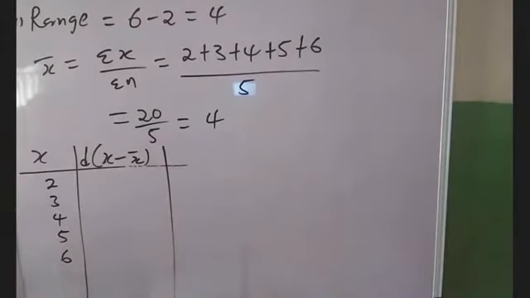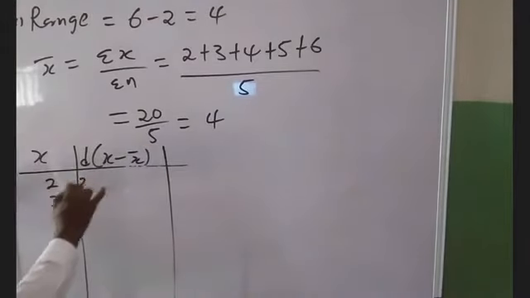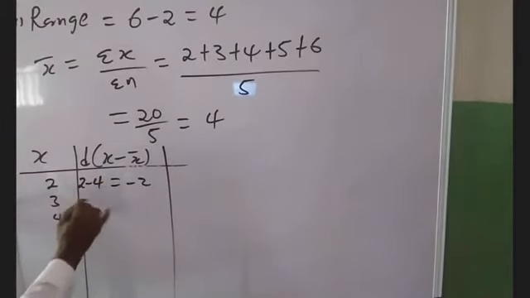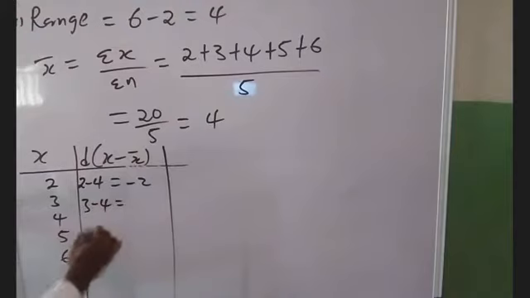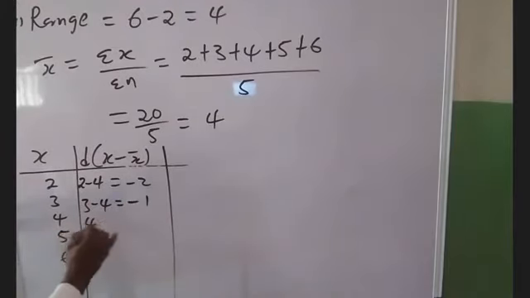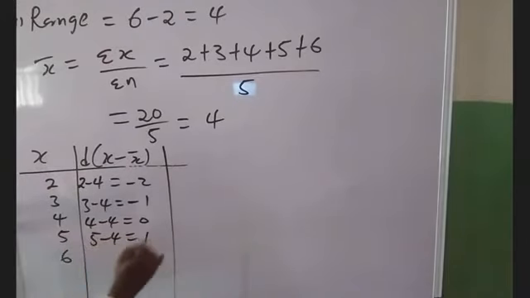If we solve this, 2 minus 4 gives you minus 2. Then 3 minus 4 is equal to minus 1. 4 minus 4 is equal to 0. 5 minus 4 is equal to 1. And 6 minus 4 is equal to 2.